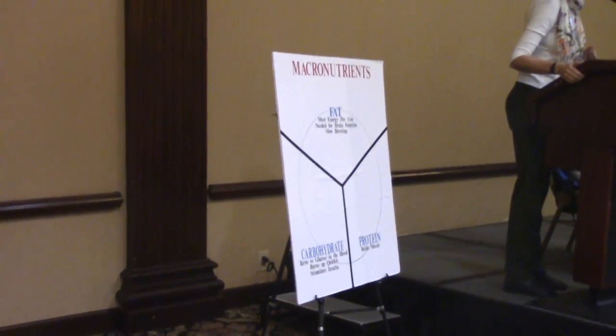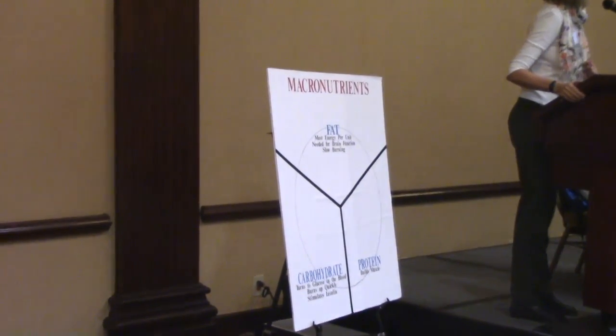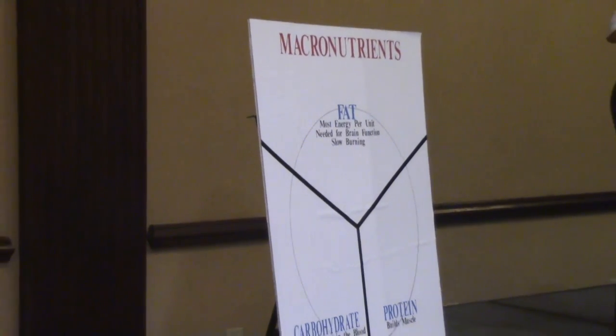You're going to take your card and stand next to one of these signs. I have fat over there, carbs there, and protein there. Okay? So let's have Team Protein come on over first and put yours up where you think they should go.